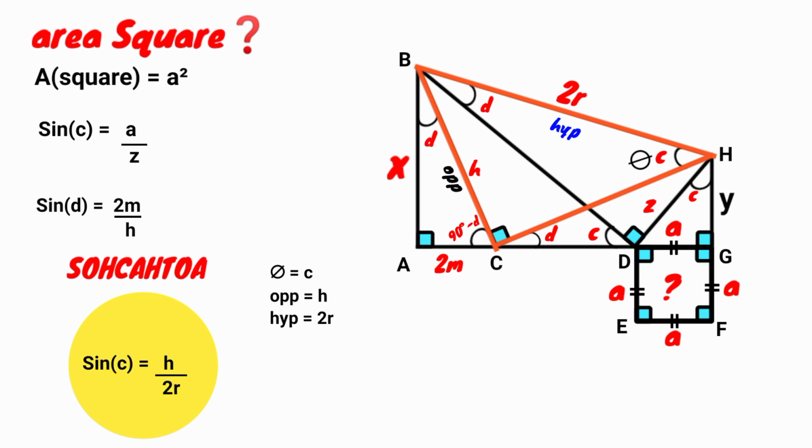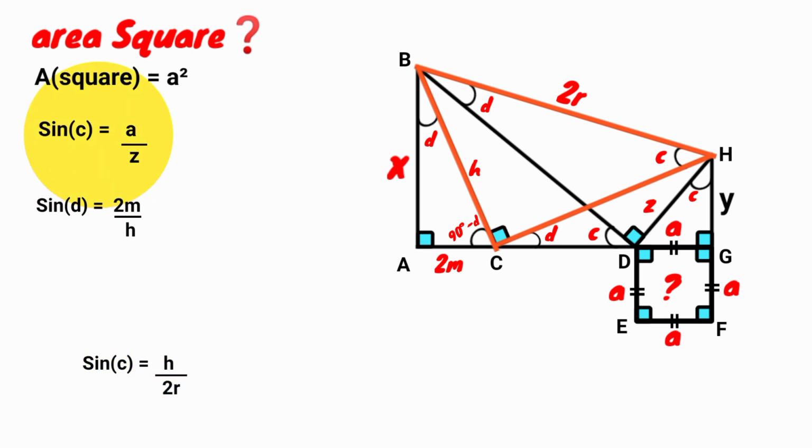So sine C equal to h over 2r. Come here, replace the sine C with h over 2r. So h over 2r equal to a over z. Multiply both sides by z. Here z cancels z, while here h over 2r times z is zh over 2r. So a equal to zh over 2r.